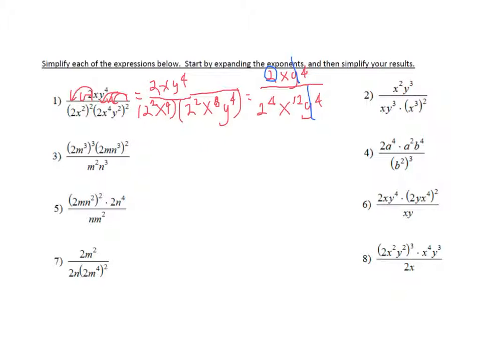So my answer is going to be one over 2 to the 3rd x to the 11th, which is the same as 1 over 8 times x to the 11th. Always remember to write out your numerical exponential expressions because then they are simplified. They're not until you have done so.